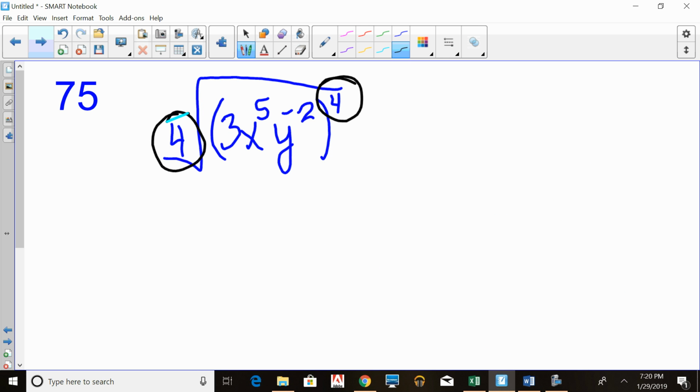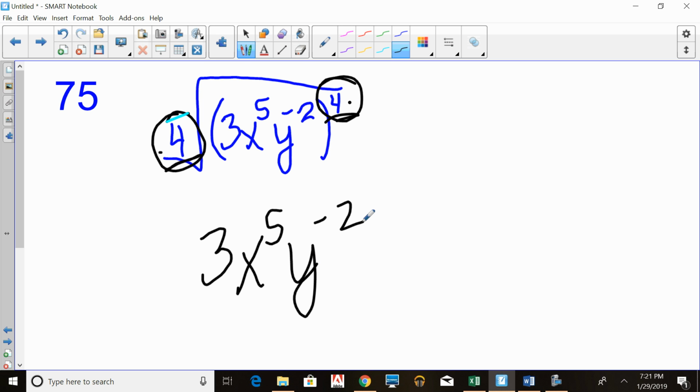Those two things are kind of inverses of each other, so they go away and you're left with 3x to the fifth, y to the negative 2. And then when you have a negative exponent, you can turn it into this. And then you're done.